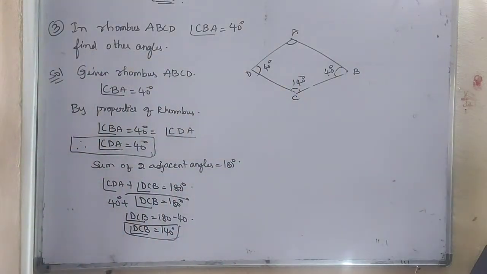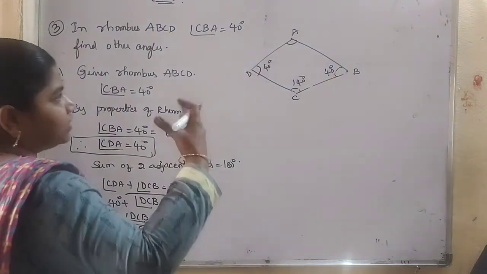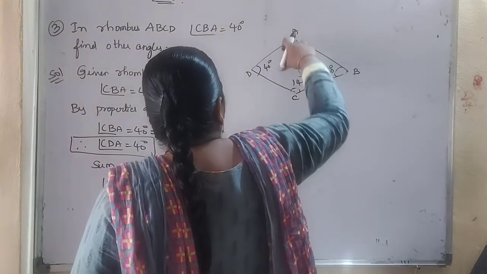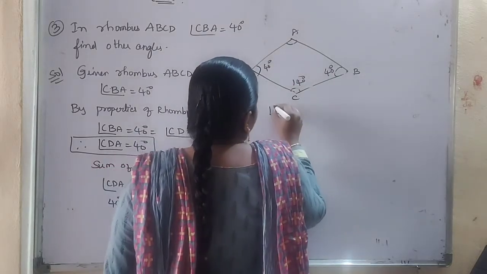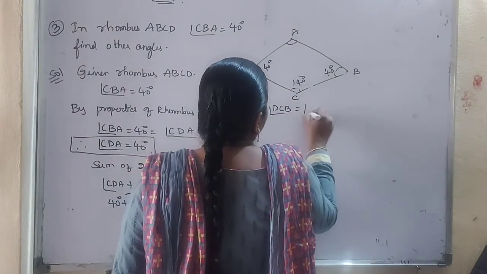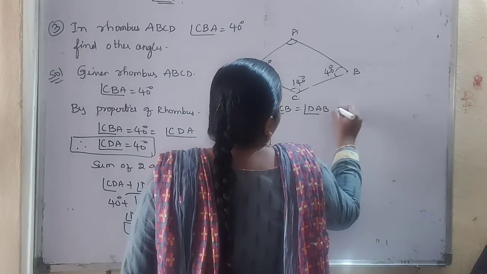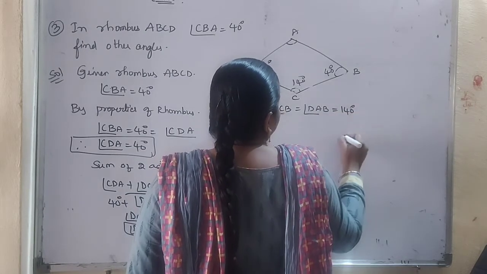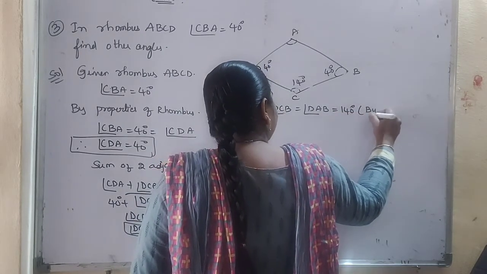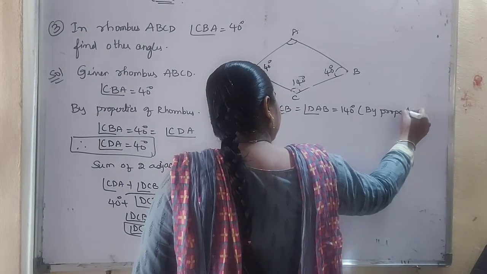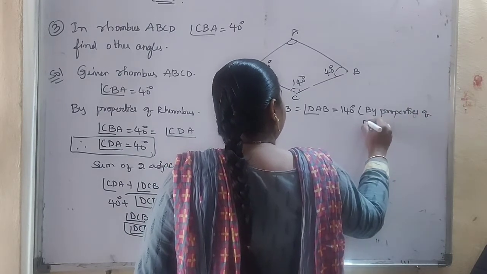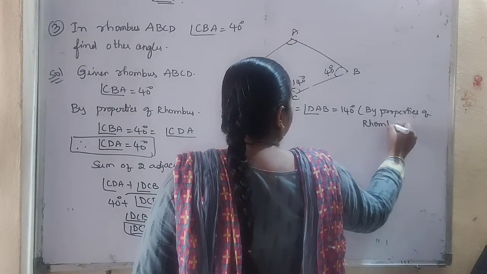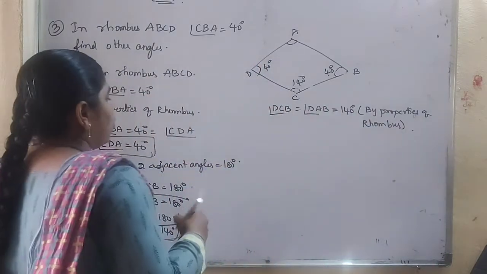Now we have to find angle A. We know that opposite angles will be equal. So angle DCB will be equal to angle DAB, that is 140 degrees, by the properties of a rhombus: opposite angles are equal. So we now got all the angles.